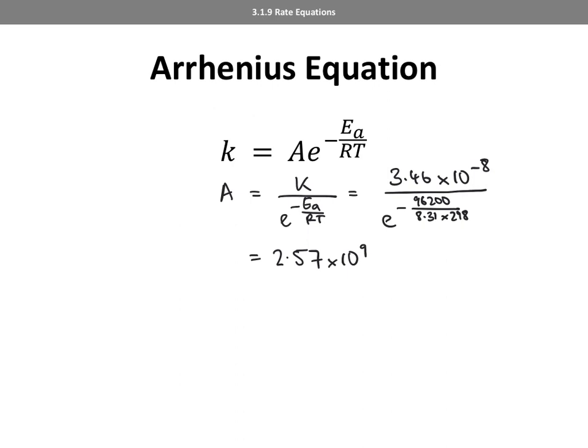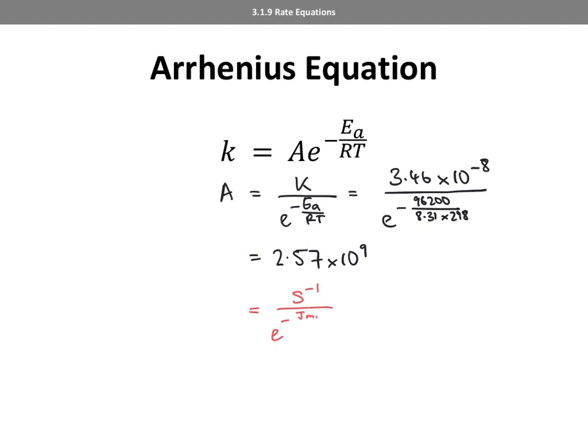Now we haven't worked out the units yet. That's our next thing to do. It's exactly how we would have worked out the units for k, exactly how we would have worked out the units for Kc. So I'm going to take the A equals expression and put in the units. We knew that k in this example was seconds to the minus 1. e is just a number, but it's to the minus. So this is where it's going to get a little bit messy.